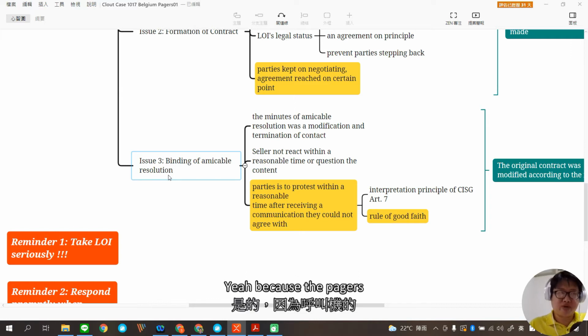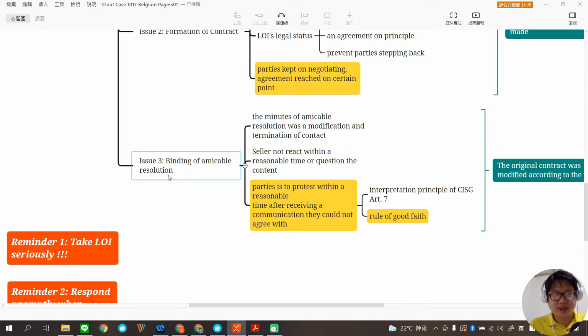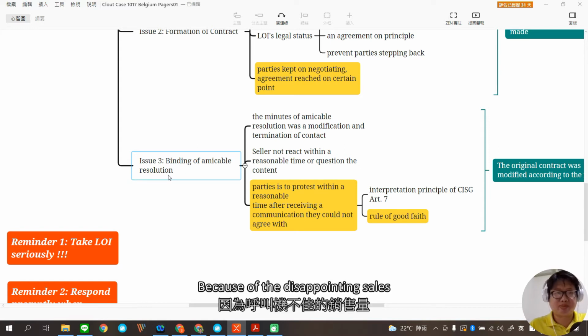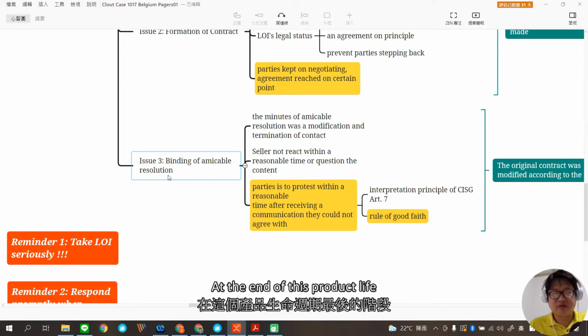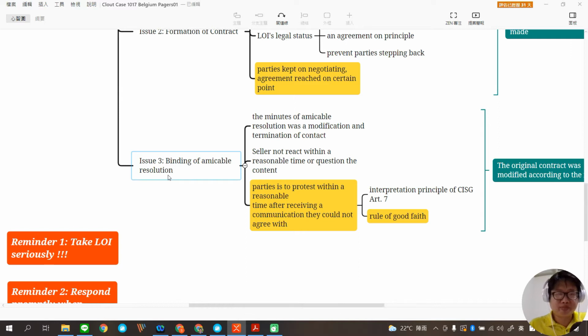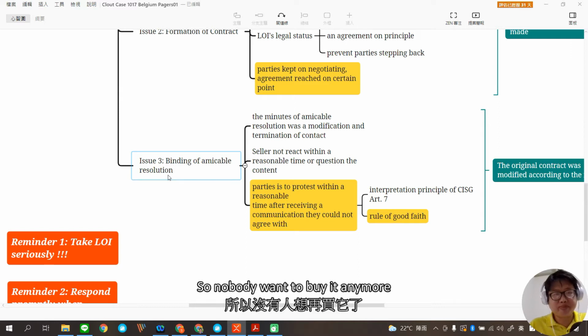Because the transaction was not so successful because of the disappointing sales of the pages, because it was maybe just at the end of its product life, so nobody wanted to buy it anymore.